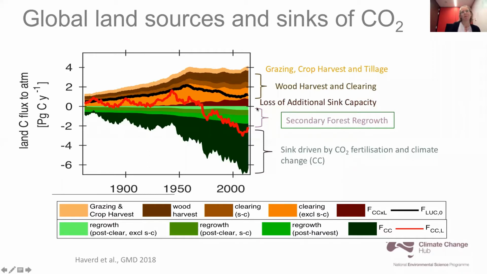And then we also have this so-called loss of additional sink capacity, and that's the carbon flux. That's the magnitude of the sink that we have lost because we've cleared land. And then the net result of that is this red line, which is the net land carbon sink. The solid black line is the net land use change.